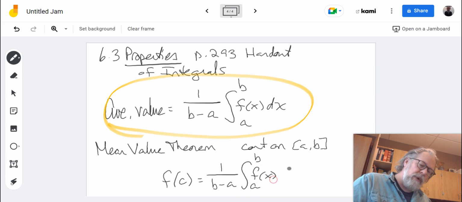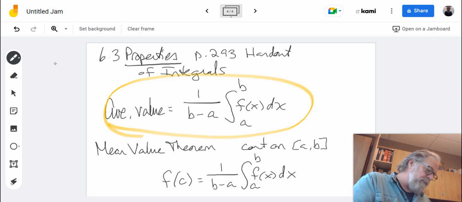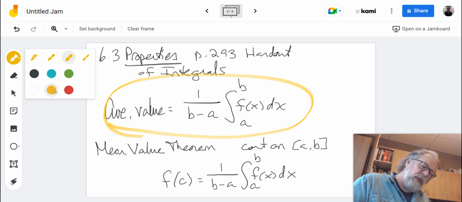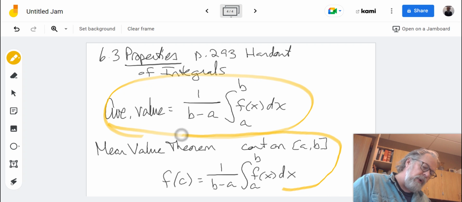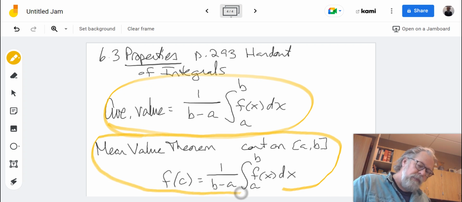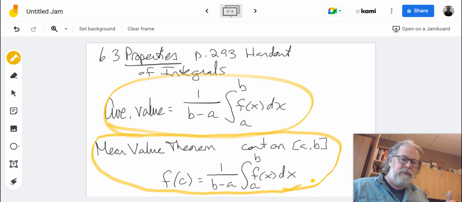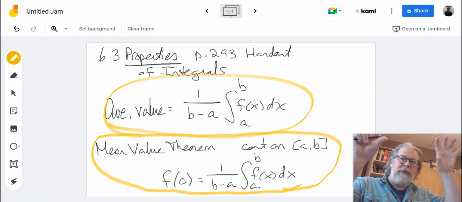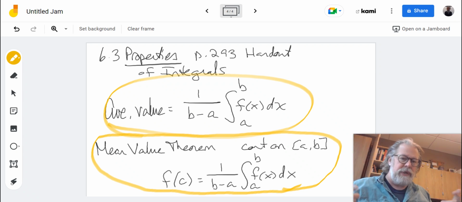So very similar to the mean value theorem. But again, now we're dealing with average values. In other words, you can't get somewhere on a function without going through the average value. If all the points on a function are above the average, well, then it's not going to be the average.